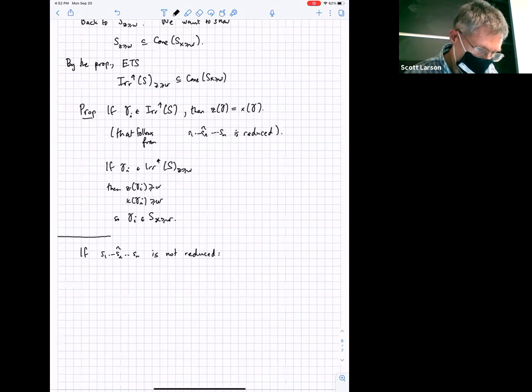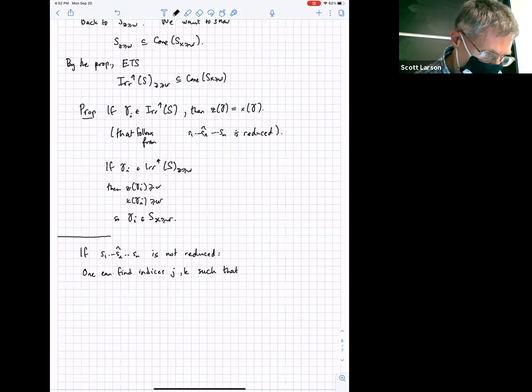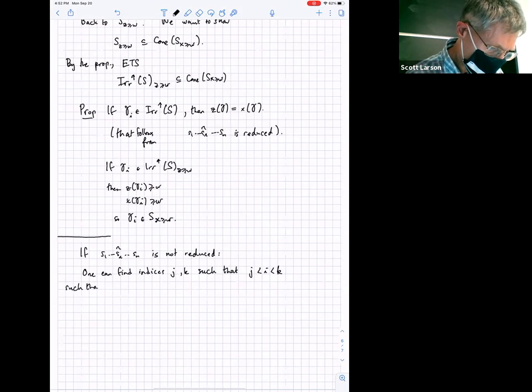It turns out that one can find indices j and k such that i is between j and k, and such that some multiple of gamma I is equal to gamma j plus gamma k.